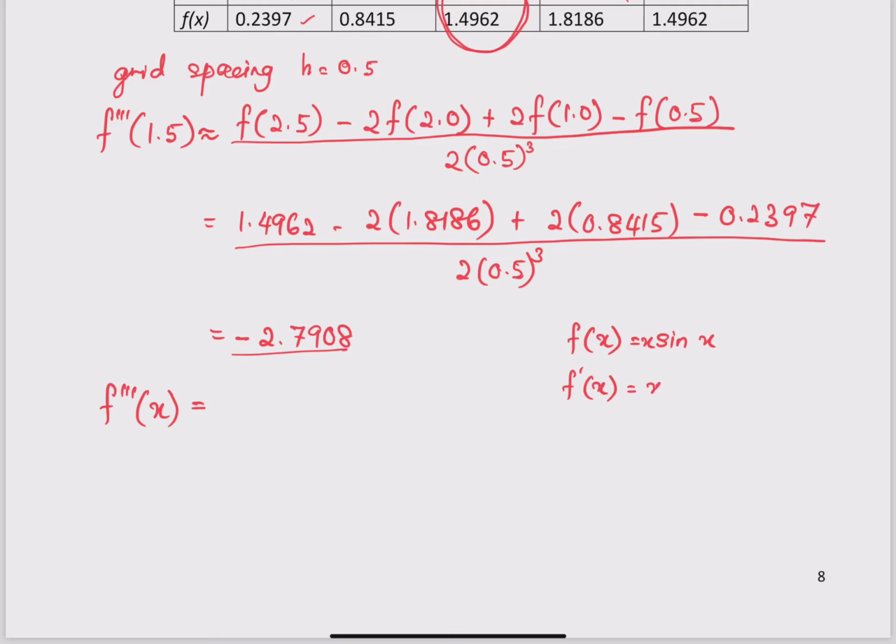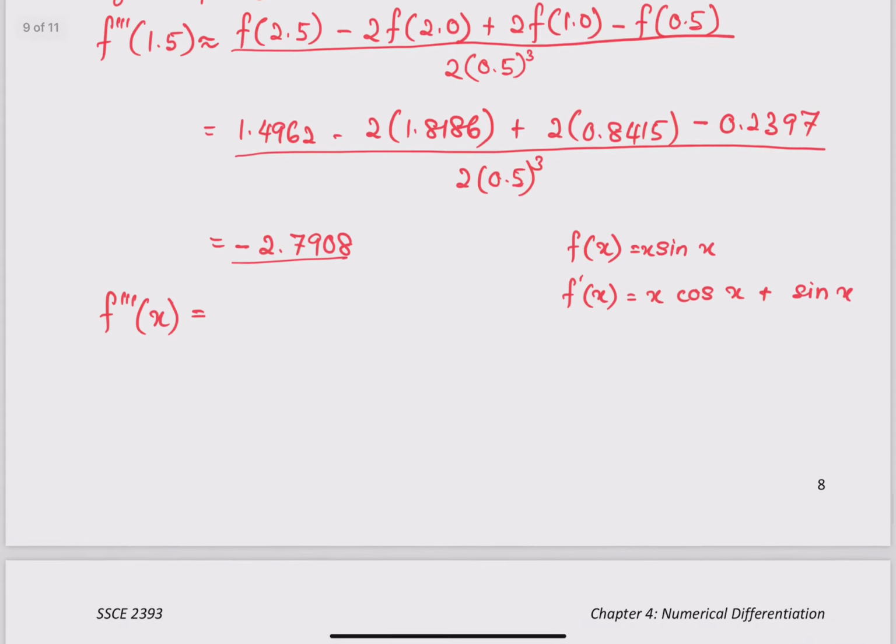It is x cos x plus sine x. Then the second derivative is x times negative sine x, plus cos x plus cos x.